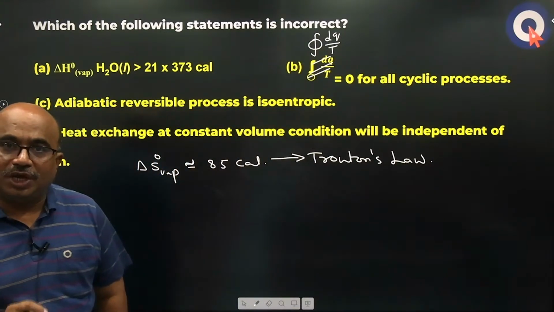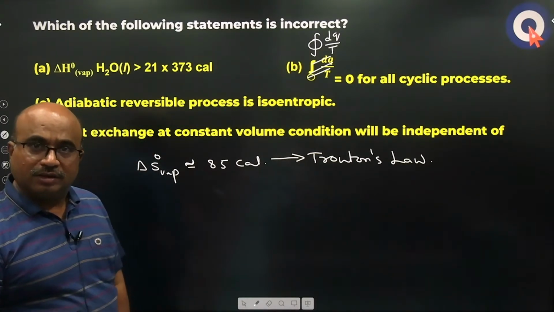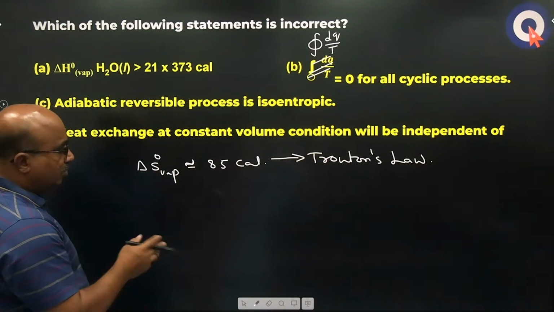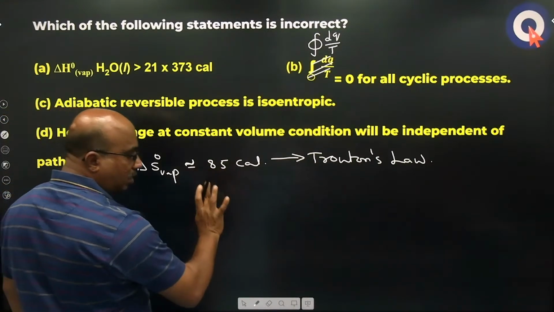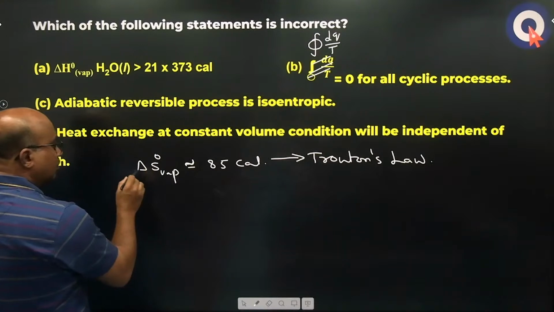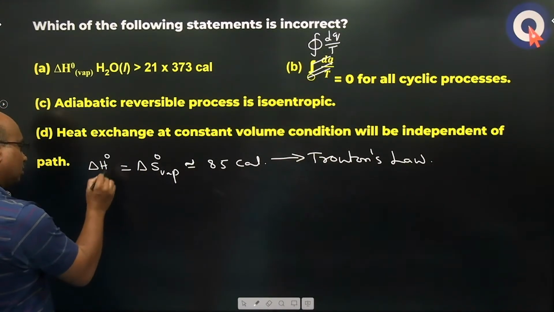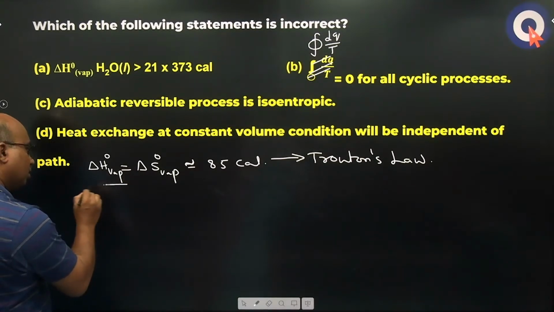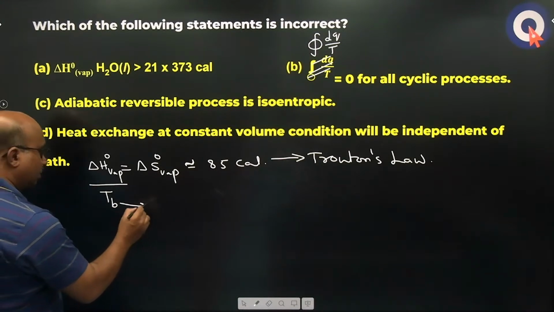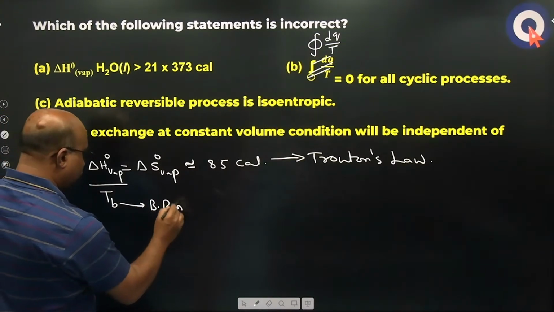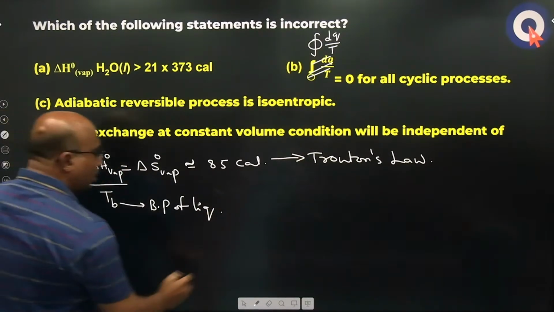Standard entropy change during the vaporization of any liquid, that is at their boiling points, is nothing but nearly equal to 85 calories. But you can say this is nothing but delta H naught of vaporization by TB, that is the boiling point of that liquid. So what is delta H naught of vaporization?